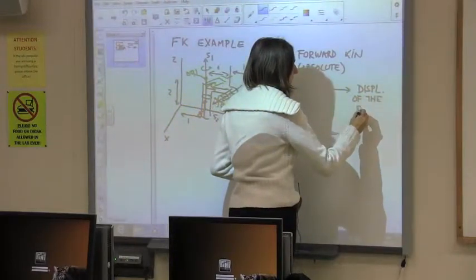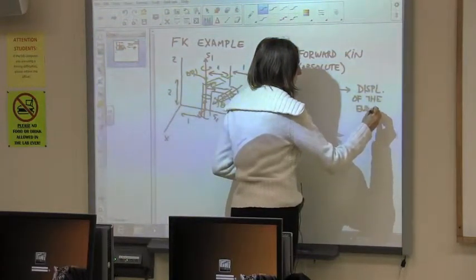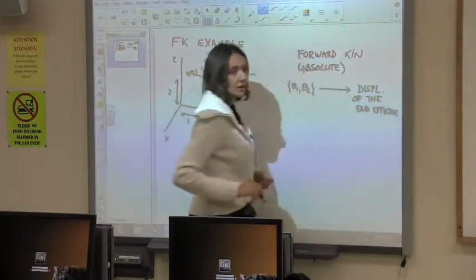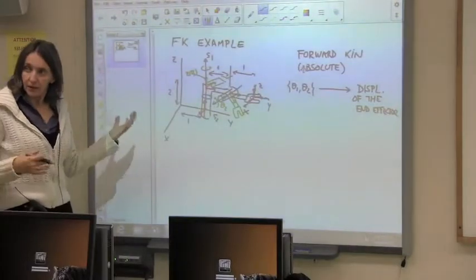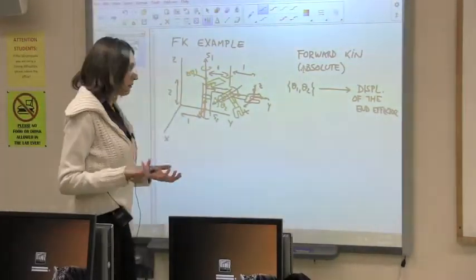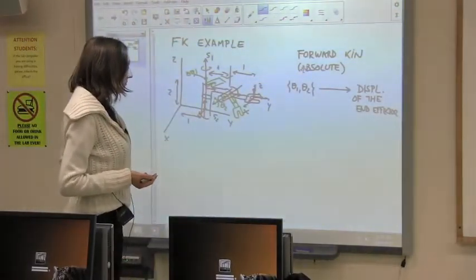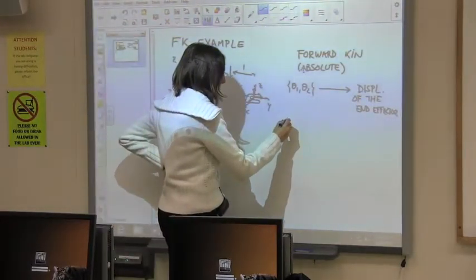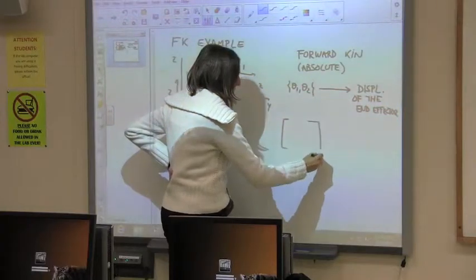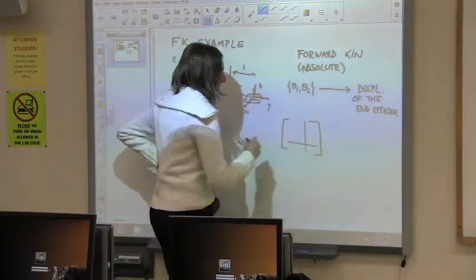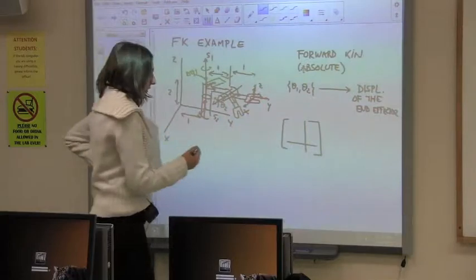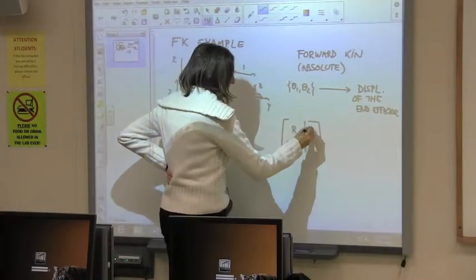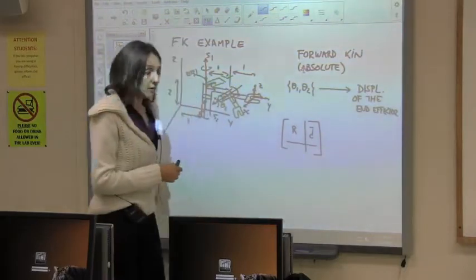It's not giving you the end effector, it's giving you the displacement of the end effector. And many times we tend to identify the end effector with the displacement of the end effector. But for instance, when you are talking about a matrix, right? If this is what you get from the forward kinematics, this is the rotation part, and this is a translation vector, and then you say, where is the end effector?